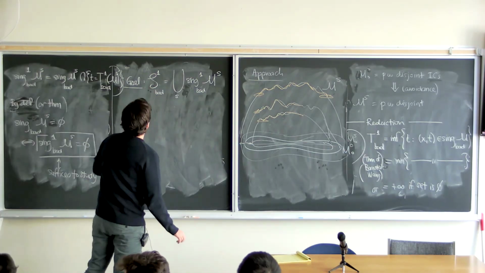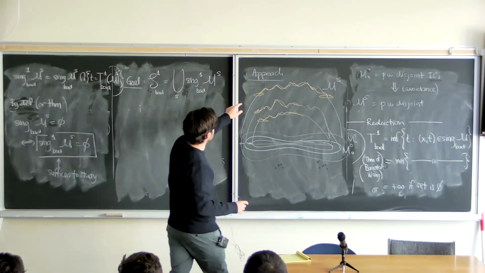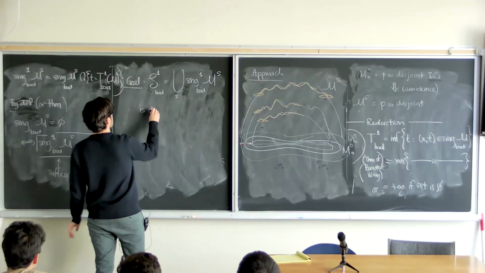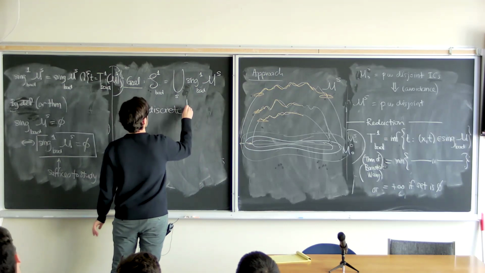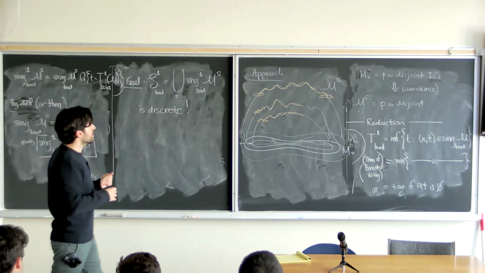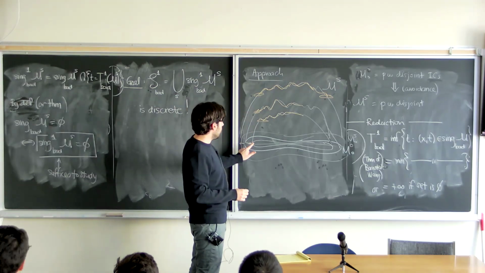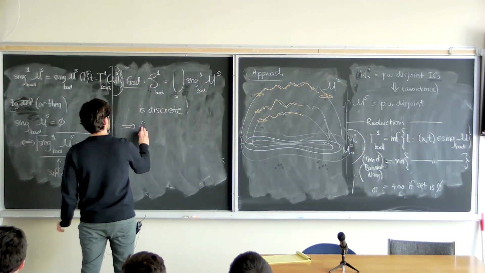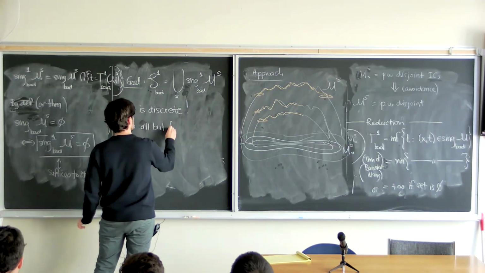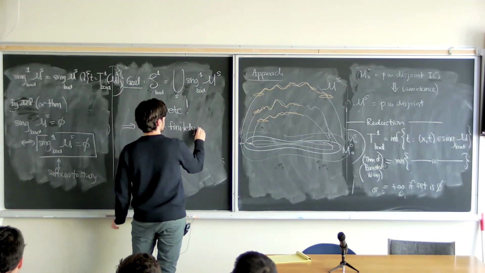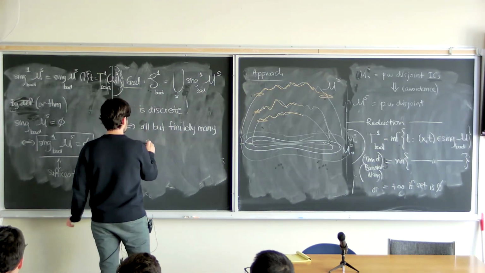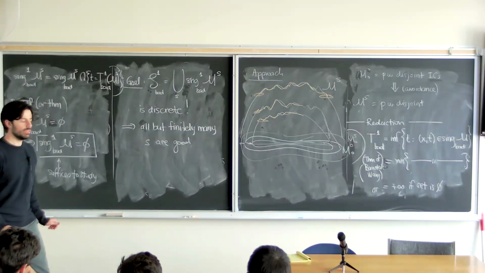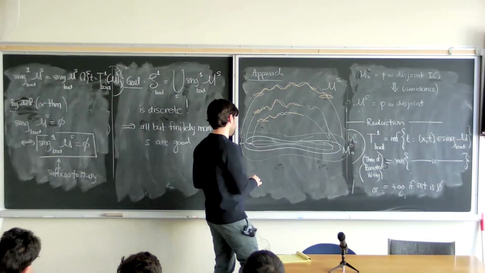So what we're going to show is that the union of these first bad singular points is discrete. In particular, because we're living in a compact set, it's finite, and so only finitely many S parameters are bad, which implies the conjecture if we prove this. This is the difficult part.